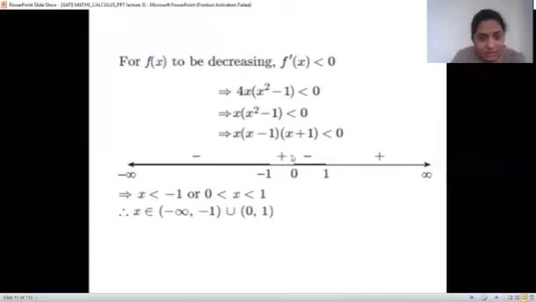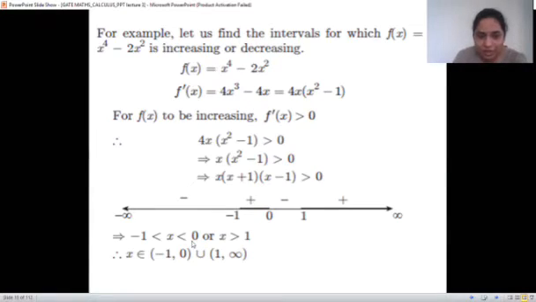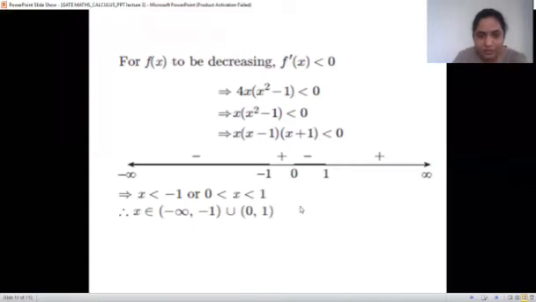So minus is here and minus is here, as we have shown previously. So for increasing, positive intervals, and for decreasing, negative intervals, that is minus infinity to minus 1 union 0 to 1. Getting? Good. We'll move to the next question.